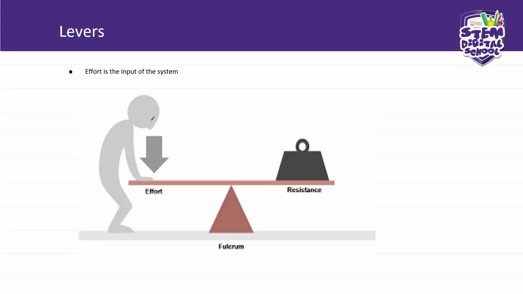In this case, you see a balance there, between the effort and the resistance. The effort and the resistance will be balancing against the fulcrum. So it is the fulcrum which will offer the effort and the load some balance. So the effort is the input, the output is the resistance, all right? The output is on the load, okay?